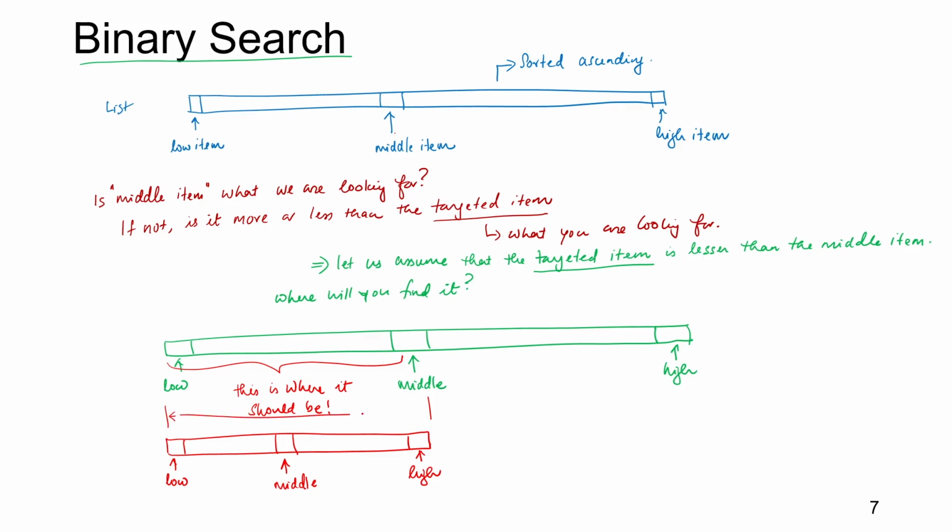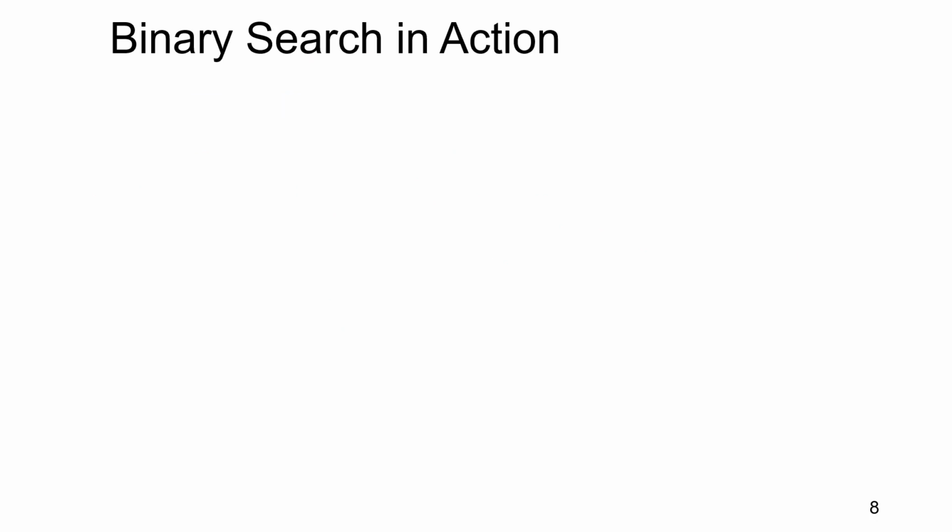So, you now only focus on this side and you ignore the other. So, your work keeps on dividing by half in this binary search.